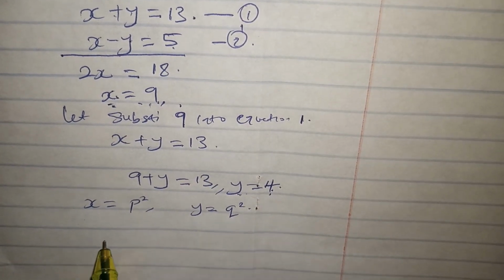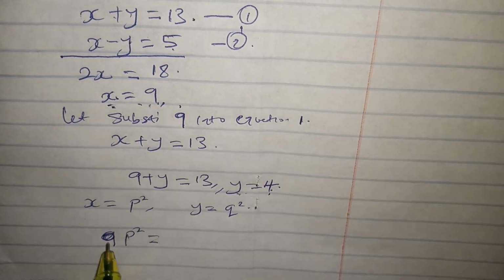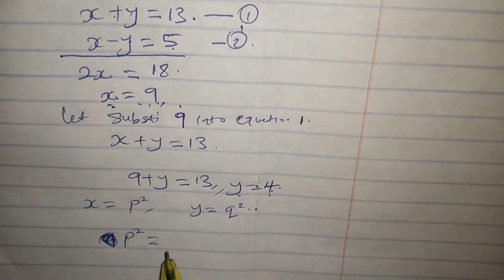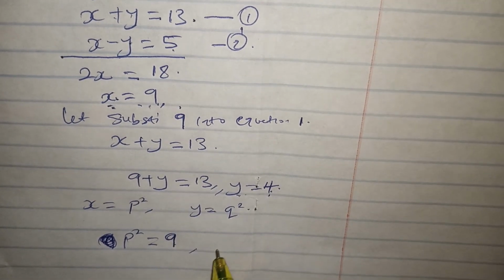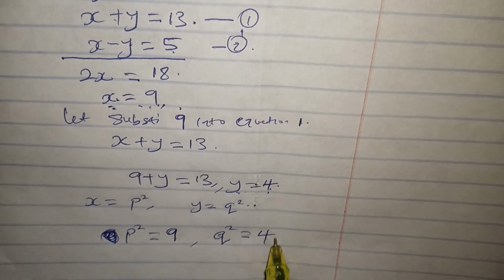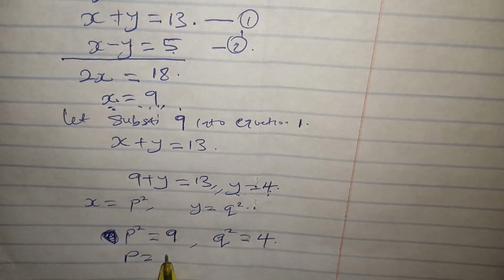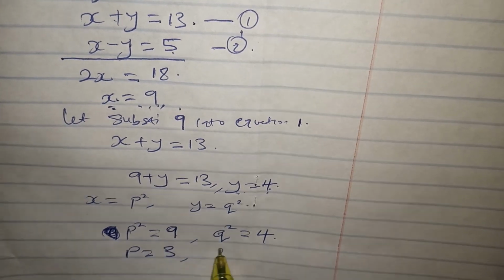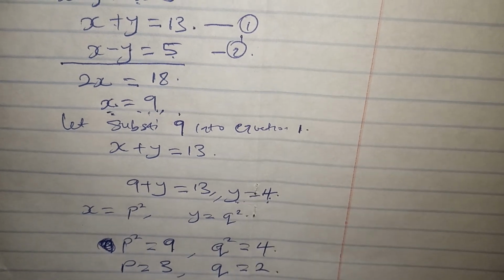So we can say p squared is equal to 9 and q squared is equal to 4. So therefore my p is equal to 3 and my q is equal to 2.